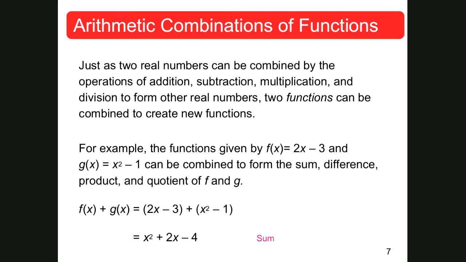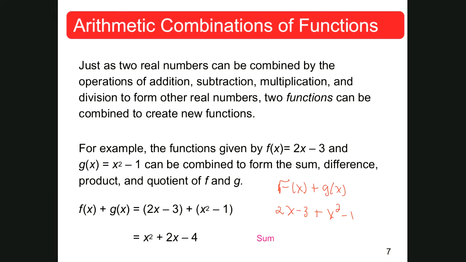For example, what I'm talking about is if you had a function f of x equals 2x minus 3 and g of x equals x squared minus 1, and I asked you to do f of x plus g of x, that is called a combination of functions. All we're going to do is take the f of x function, 2x minus 3, and add the g of x function, x squared minus 1, and then we try to write it in terms where the highest power is in front.